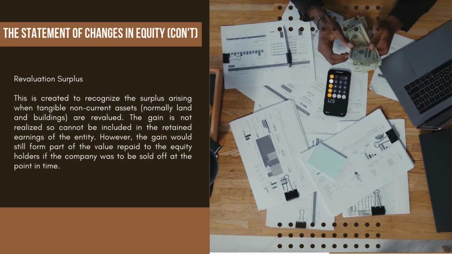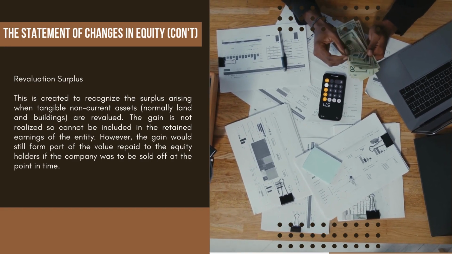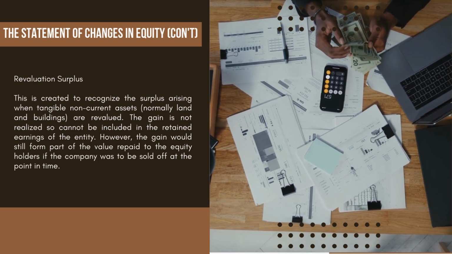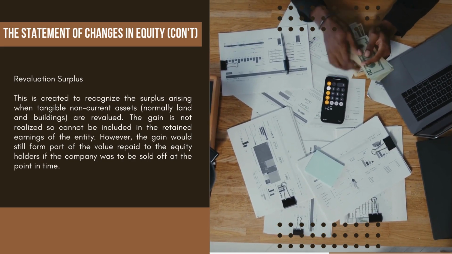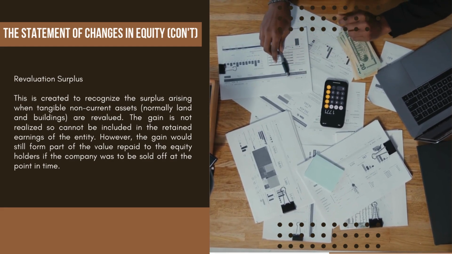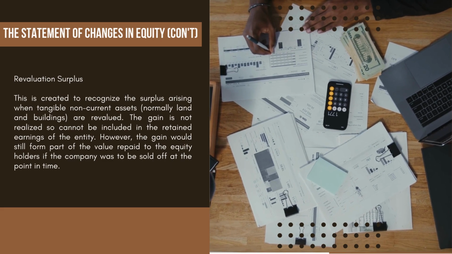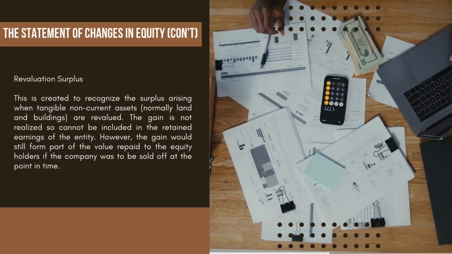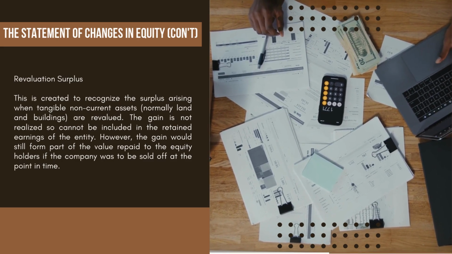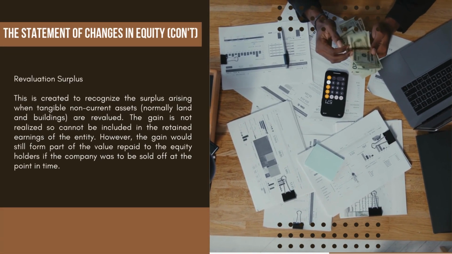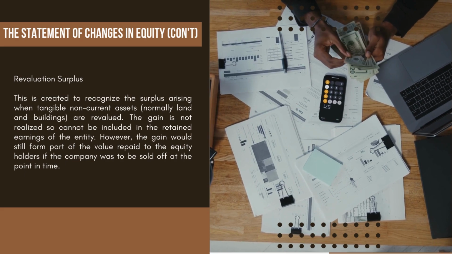A revaluation surplus is created to recognize the surplus arising when tangible non-current assets, normally land and buildings, are revalued. The gain is not realized, so it cannot be included in the retained earnings of the entity. However, the gain would still form part of the value repaid to the equity holders if the company were to be sold off at that point in time.